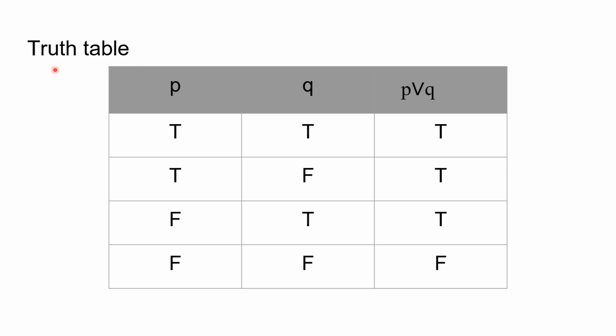So there is its truth table. Take a look at it. You will find out that if P or Q, one of the propositions, is true, the disjunction will be true. So as you see, the disjunction is only false when P and Q are both false.